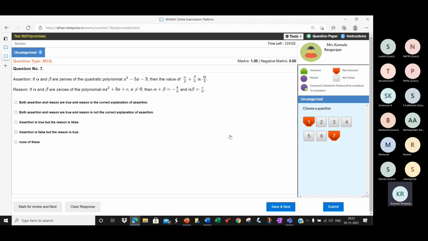Am I audible, children? Yes, ma'am. All right. So find the value of alpha by beta plus beta by alpha. The common denominator is alpha beta. So the numerator you get alpha square plus beta square.